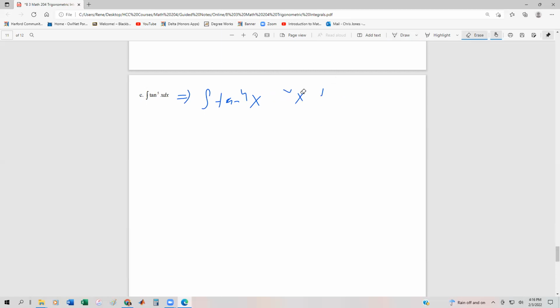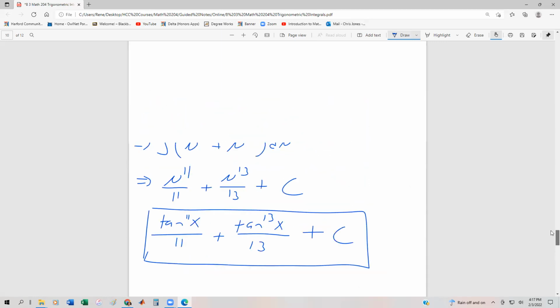So here's another thought. Let's rewrite this as tangent squared times tangent cubed. So this is going to be tangent cubed x tangent squared x dx. And the reason we do that is because we know that there's a Pythagorean identity for the tangent square.